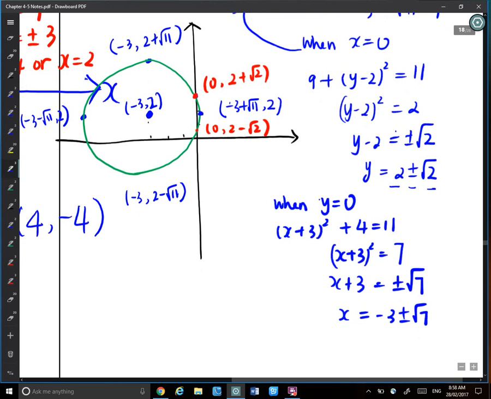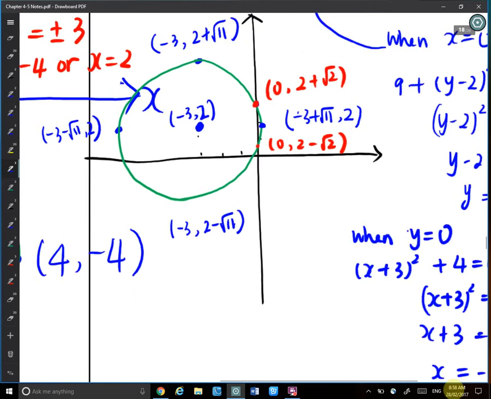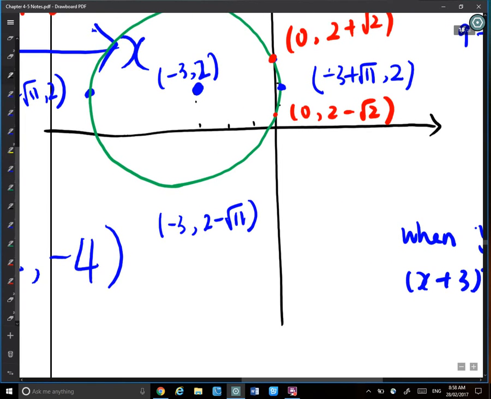That's 2 negative numbers because root 7 is between 2 and 3. So minus 3 plus root 7 is still negative, and minus 3 minus root 7 is also negative. So I have 2 negative x-intercepts, which is correct.